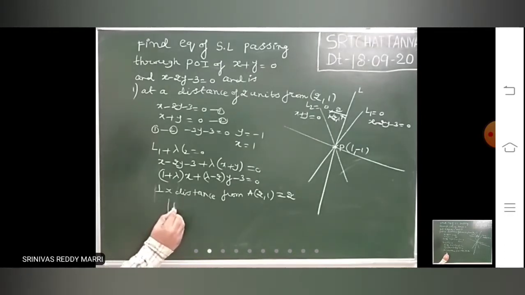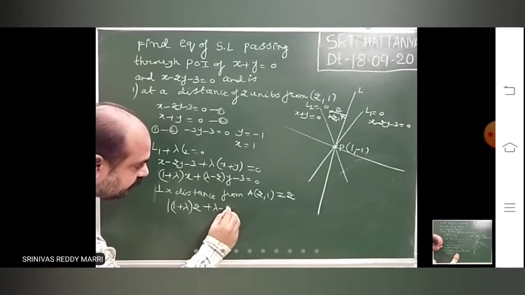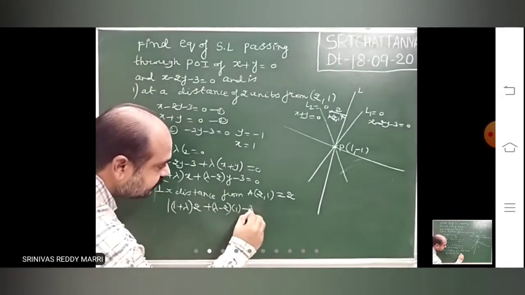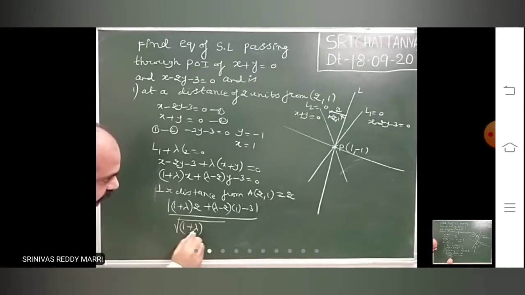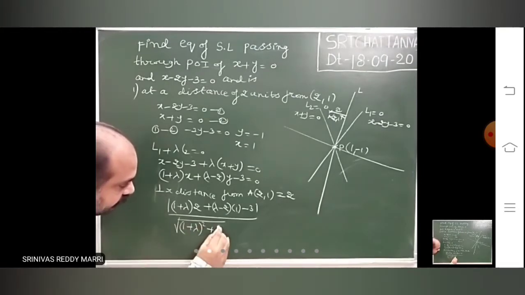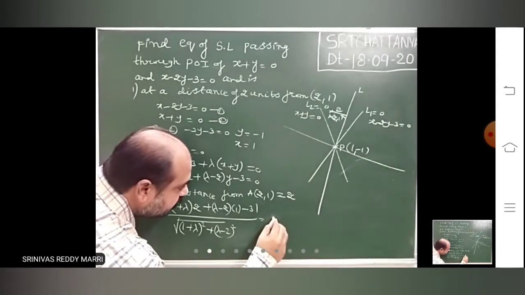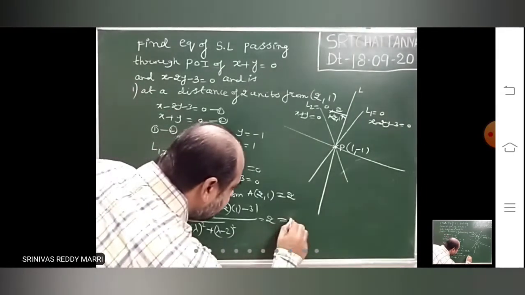What is the perpendicular distance? Modulus of (1 plus lambda) into 2 plus (lambda minus 2) into 1 minus 3, divided by root of (1 plus lambda) whole square plus (lambda minus 2) whole square, equal to 2 units. From this you want to calculate lambda.